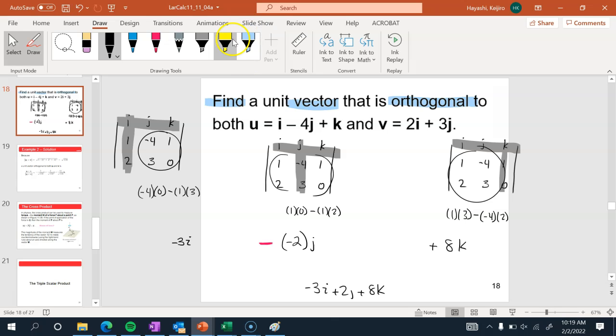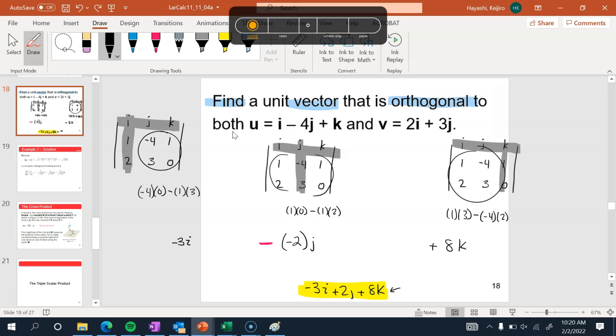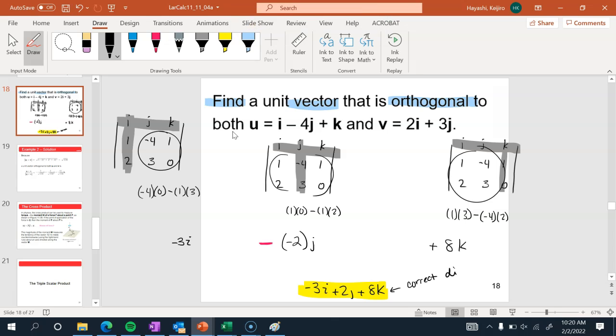I guess we'll find it out. So this is in the correct direction because it's orthogonal.